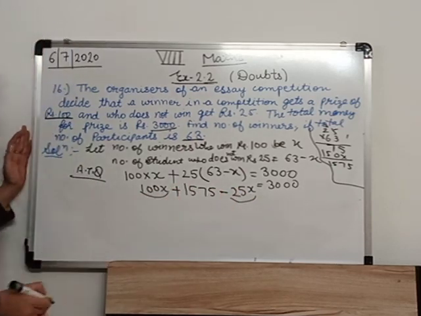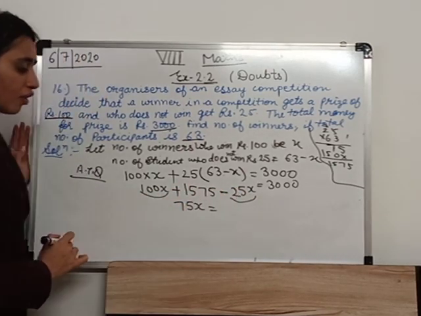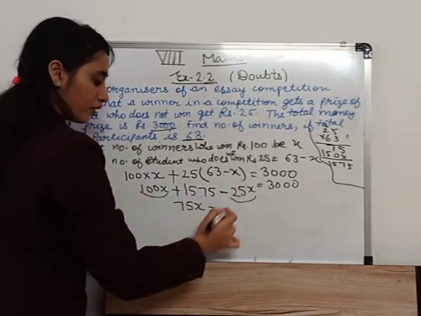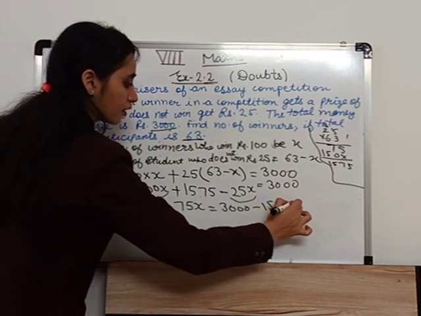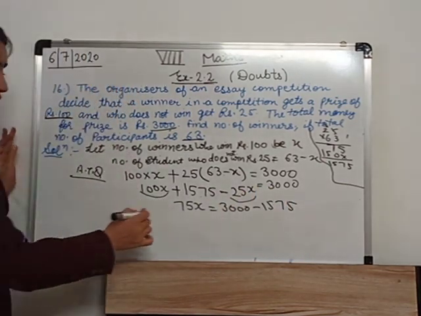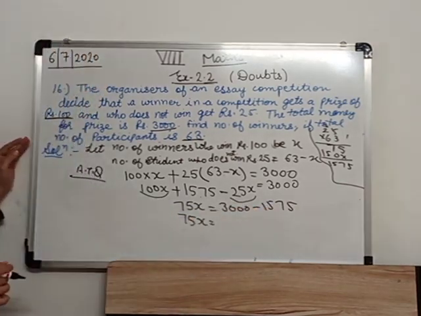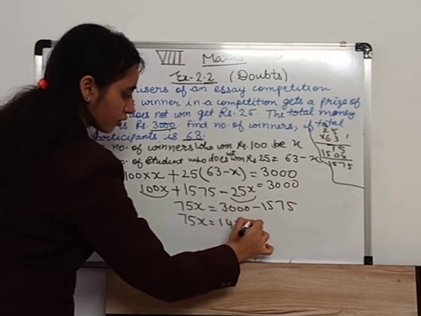Now solve this. 100x minus 25x becomes 75x. Now using the transposing rule, 1575, when shifted to the right side, comes with a negative sign. Now 75x is equal to 3000 minus 1575, that is equal to 1425.